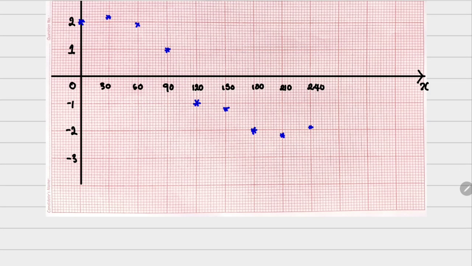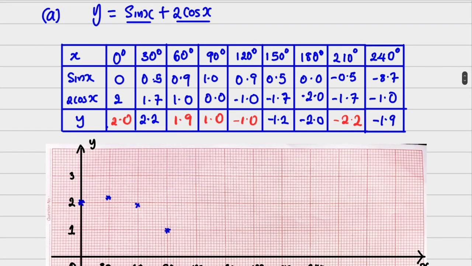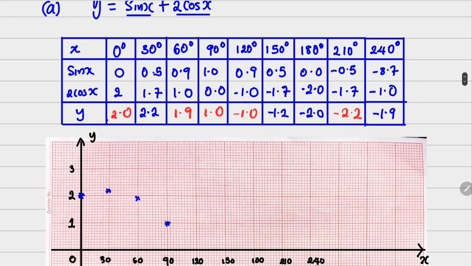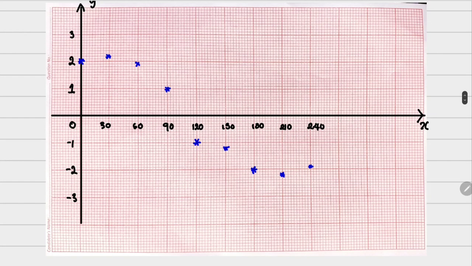Okay, before drawing the graph, I spotted an error. When it is 120, I think this is not minus 1.0, but instead it is minus 0.1. Okay, if not, our graph is not going to be okay. And that is one thing that students must look out for.